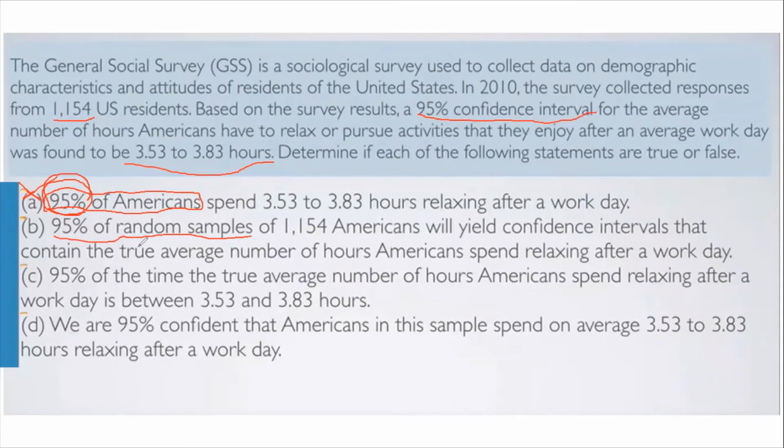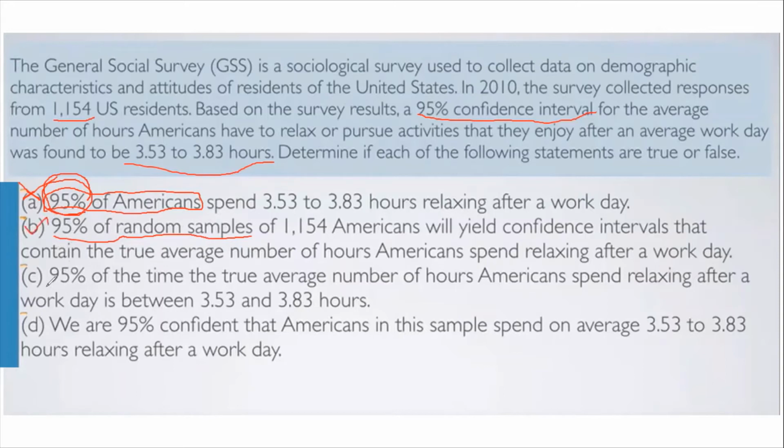Let's do one by one, we are only at B. So you did a random sample 100 times. 95% of the random samples will yield a confidence interval that contains the true average number. Basically, 95 random samples out of 100 will contain the true population value. So I think this is correct.